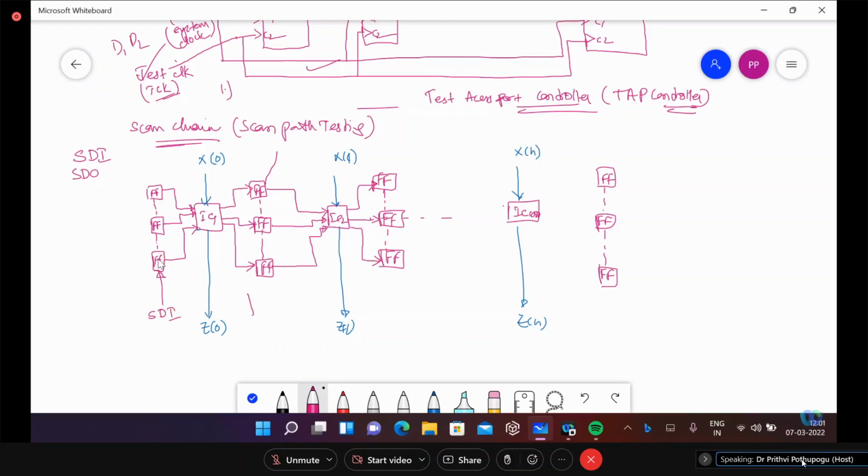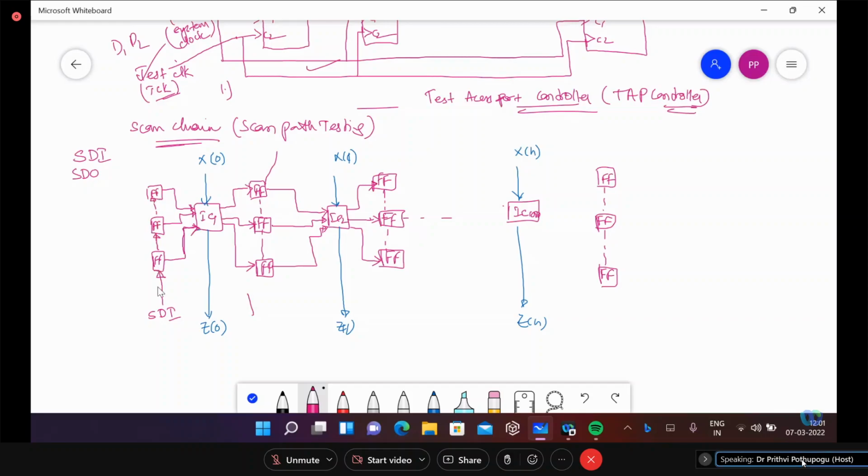This flip-flop can give its response to the next stage, and also give the response to the IC when it is getting tested. If it is a normal shift register, the value of this flip-flop goes to the next flip-flop.